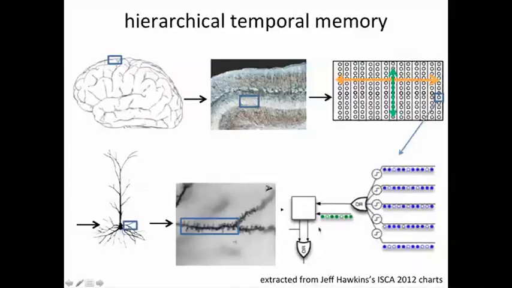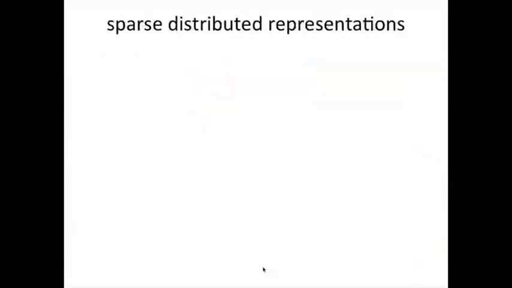The model that he uses is an abstract model of a neuron, which looks a lot like a neural element in a neural network. However, it has some very important differences, and we'll explain this structure in the next few minutes as we go along.